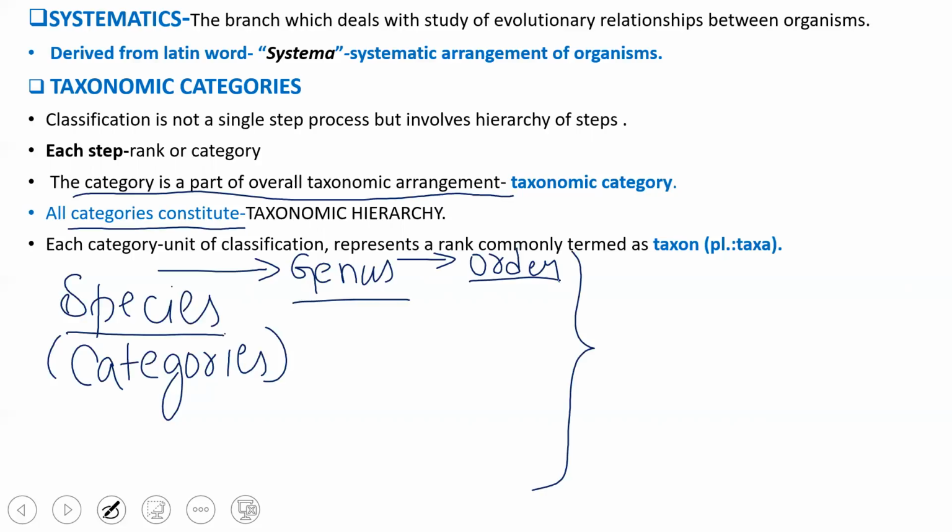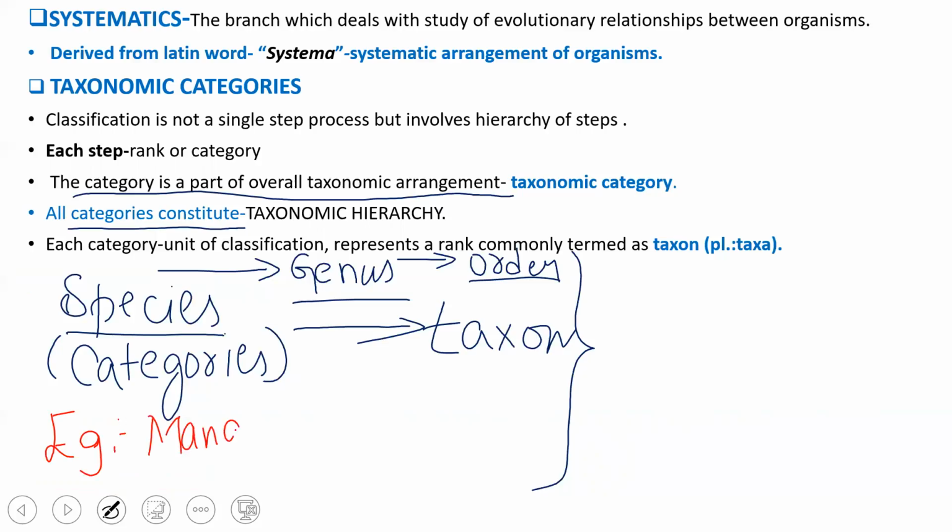Now, each of these taxonomic categories has a unit of classification. We can call them taxon. For example, Mangifera is nothing but mango.